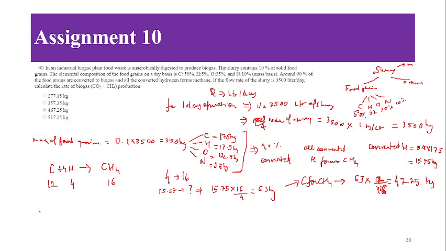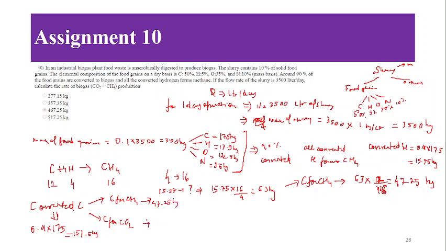And now from there we can find out, so converted C is used for C for methane and C for carbon dioxide. Okay, so converted C will be 0.9 into 175, which is 157.5 kg, and C for CH4 we know as 47.25 kg.